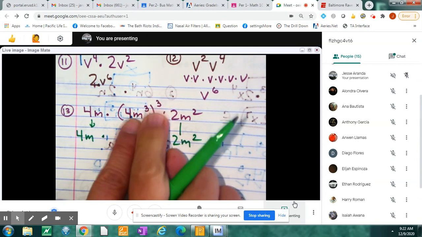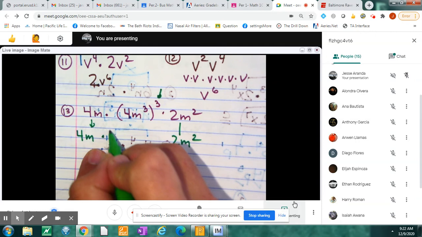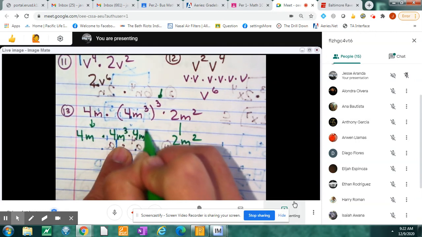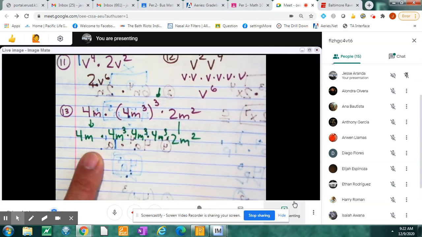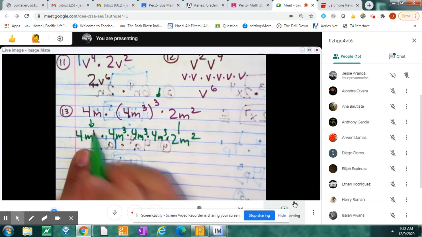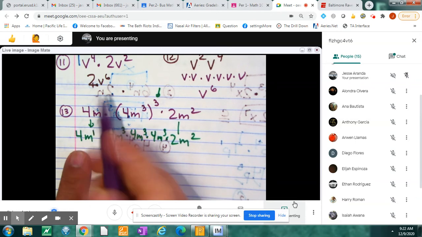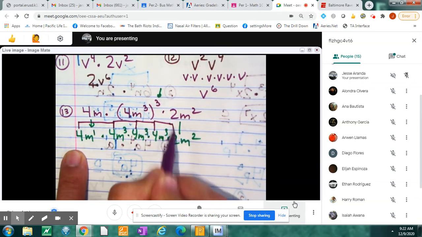Now on 4m to the third, raised to the third, you're going to go ahead and do it 3 times. 1, 2, 3. Okay? Got it? And then there's nothing here. Just put a 1 there. So now what you're going to do is multiply 4 times 4 times 4 times 4 times 2.